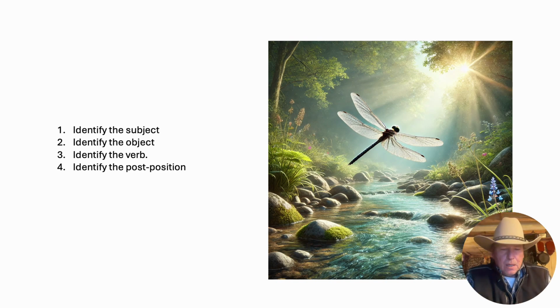Okay, and then for this one, we didn't cover dragonfly, and we didn't cover crick, or creek, however you want to pronounce it. But the sentence we would want would be the dragonfly is flying above the creek.